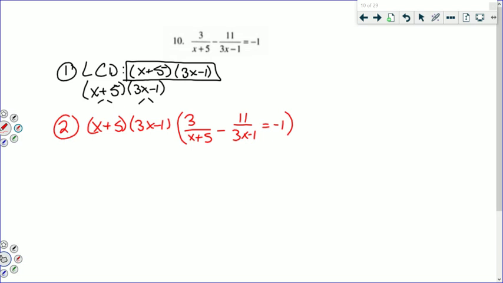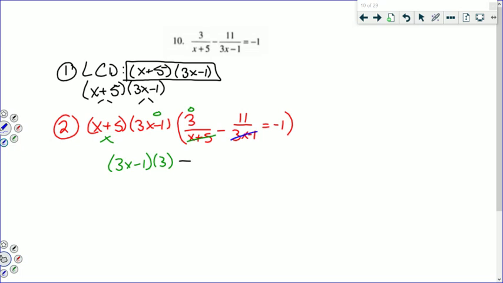Okay, so if we take a look at our denominators, we have x plus 5, which is going to cross off with x plus 5. So that's going to go away, leaving us with this guy times our numerator. So we end up with 3x minus 1 times 3. Minus, we then take this 3x minus 1.